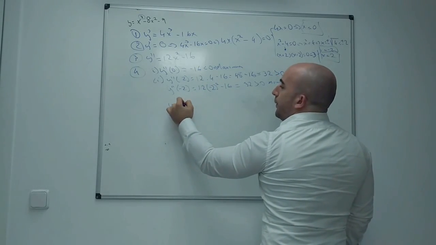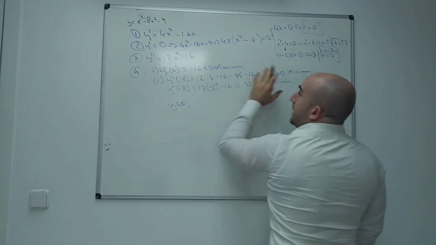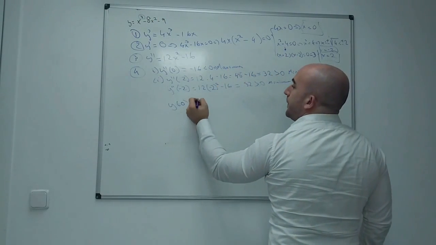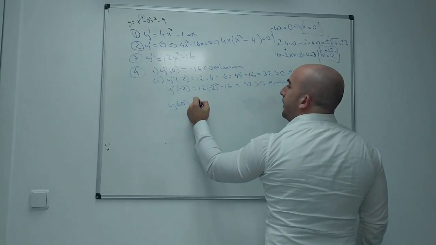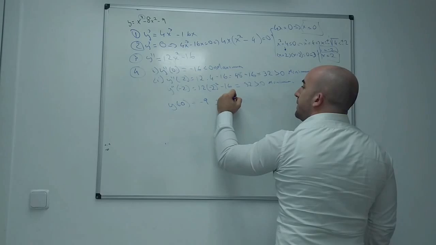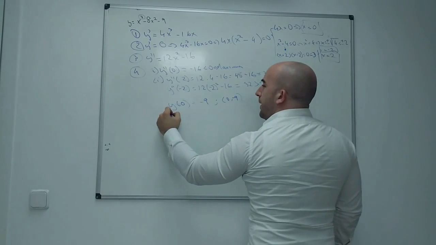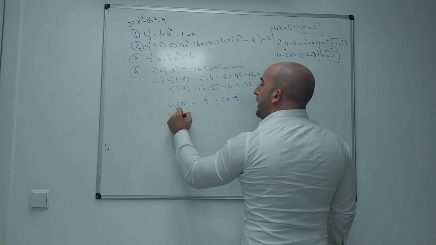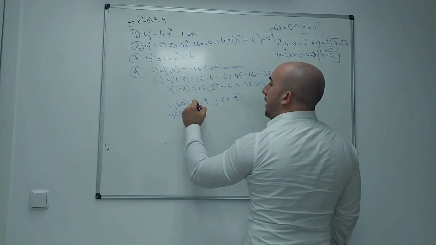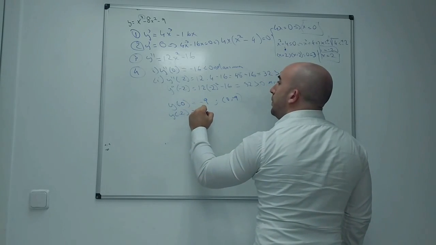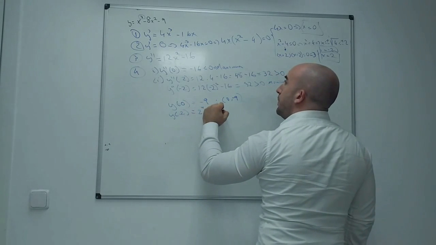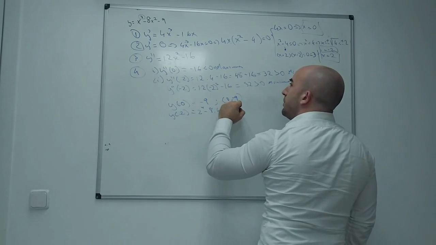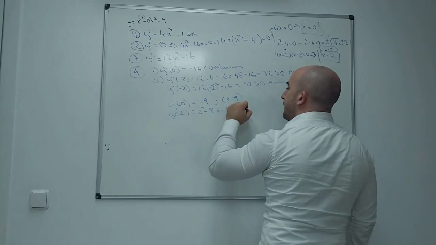So y of 0, we substitute again in the original function. That gives me minus 9. So the first point is 0, minus 9. For the 2, we get 2 to the power of 4 minus 8 times 4 minus 9, which is minus 25.